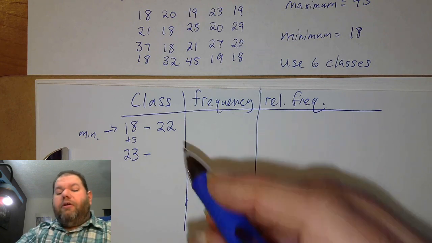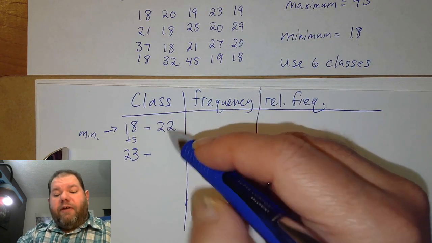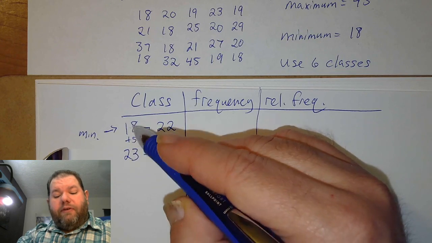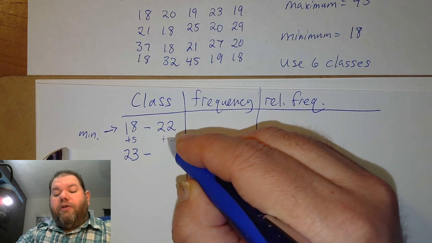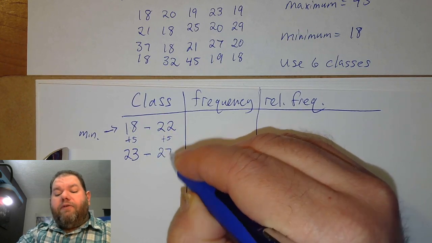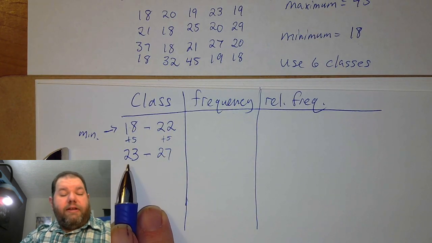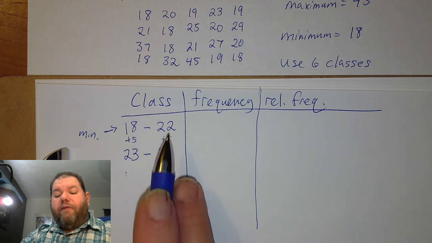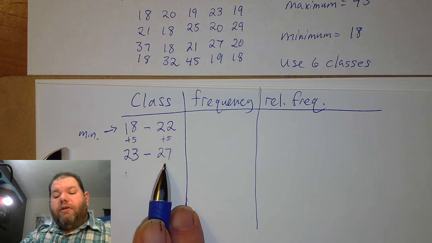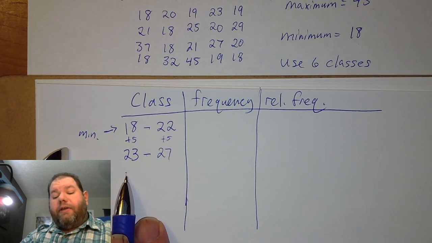Once we get these values down, we know that we can just keep adding 5 to create additional classes. So this second class is 23 to 27. We just add 5 there. What would be the third class?